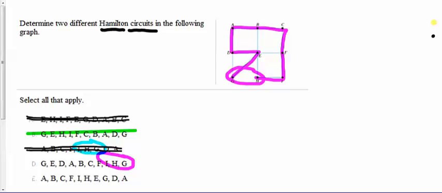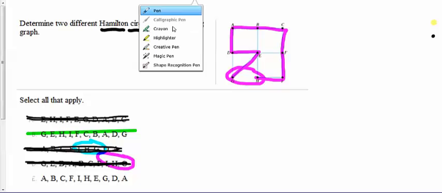So we can take our pen and we can cross off D. Remember, to be a Hamilton circuit, we have to begin and end at the same vertex and use every vertex exactly one time except the one we begin and end with.